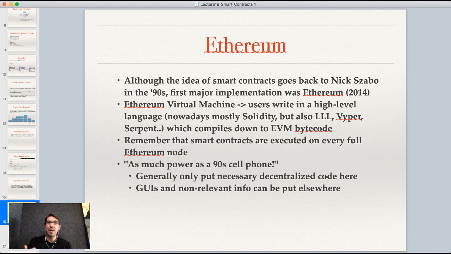Okay? So generally, with these smart contracts, you're only going to put a very small amount of the full code of whatever application you're going to put in. Only that which is really necessary. And then GUIs or any non-relevant information or data that can be computed from that data is going to be put elsewhere.